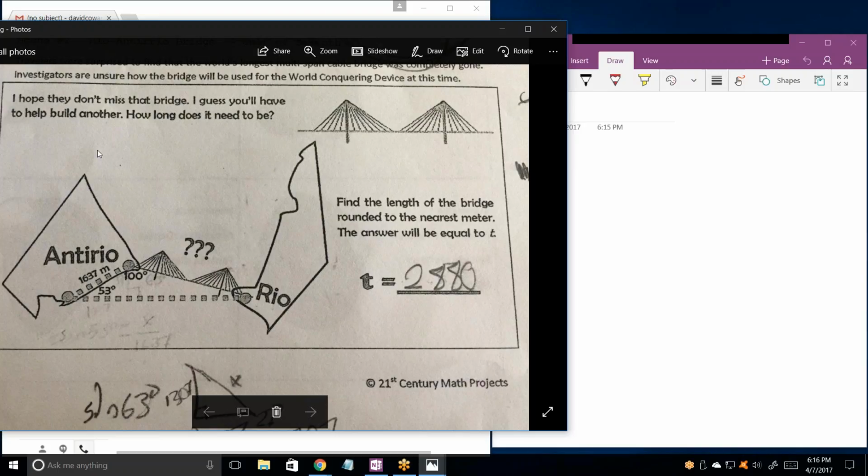So you don't think the 2880 is right? I don't think so, because, well, the puzzle on the end, I'm not getting the correct answer.